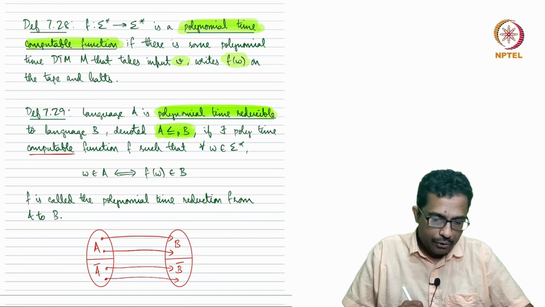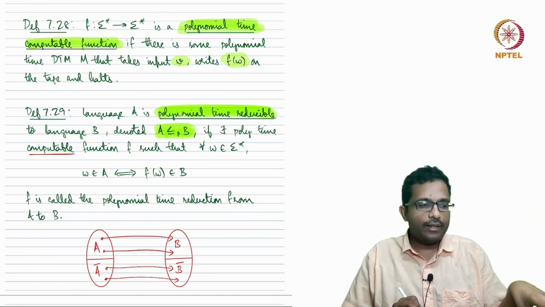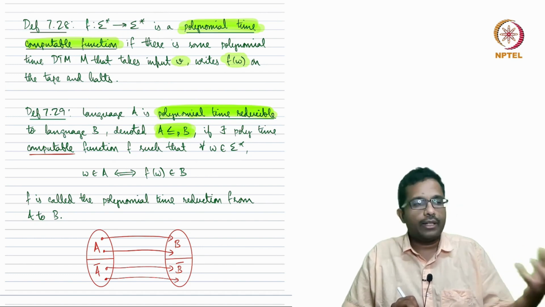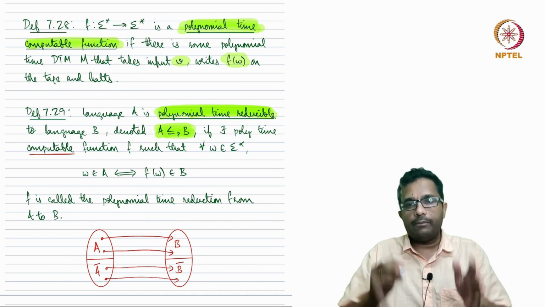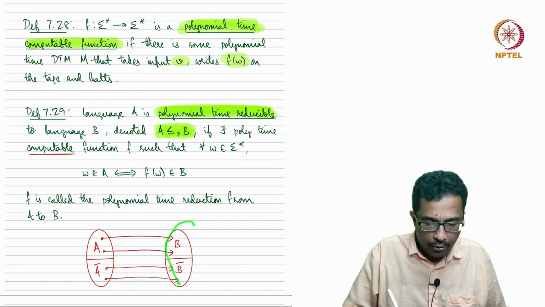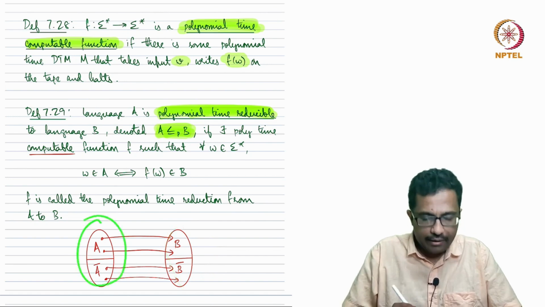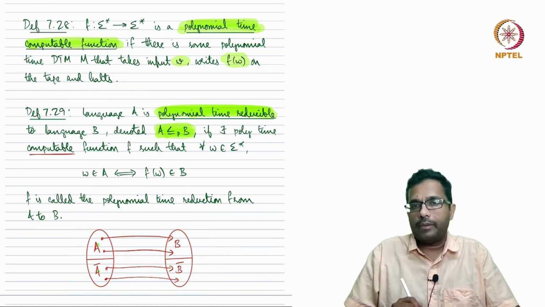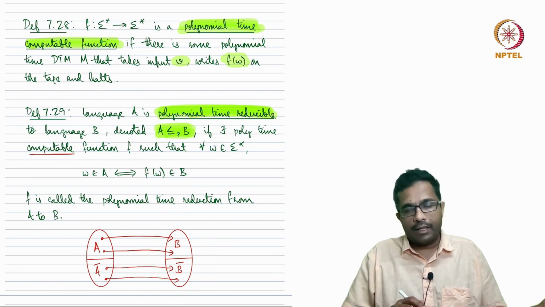The goal is, given a string that we don't know whether it is in A or not, we want to transform it into the domain of B. Suppose we know how to test membership in B. We don't know how to test whether some string is in A or not, it could be in A or in A complement, but we know how to test membership in B. Then we can transform the instance.